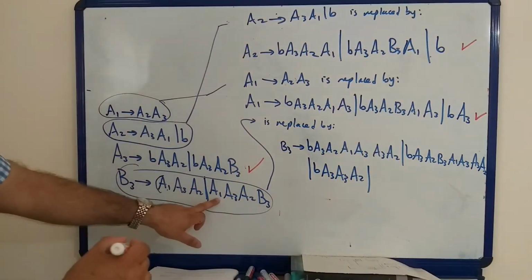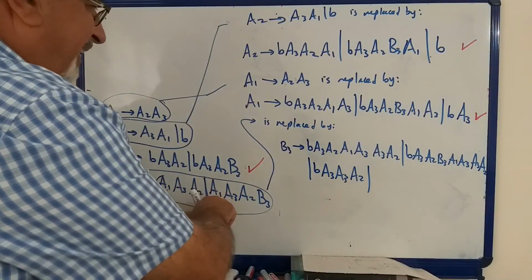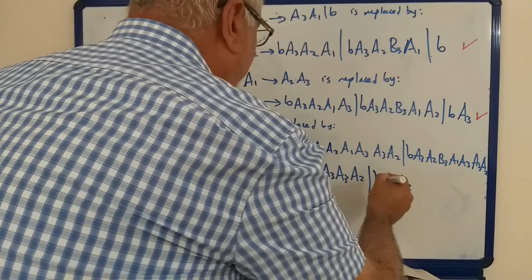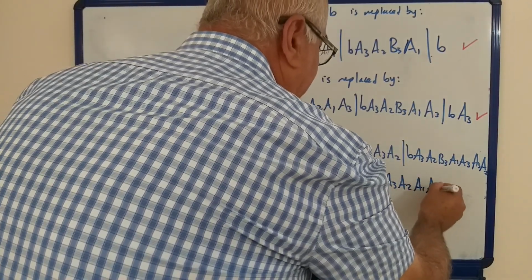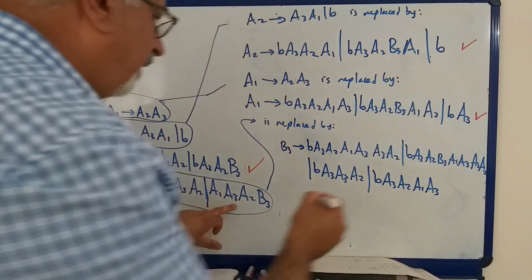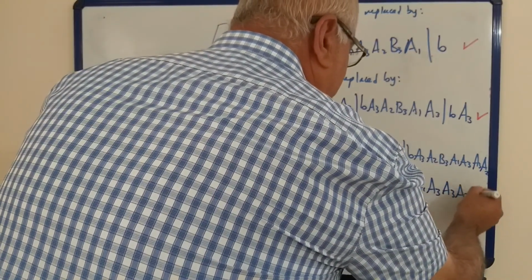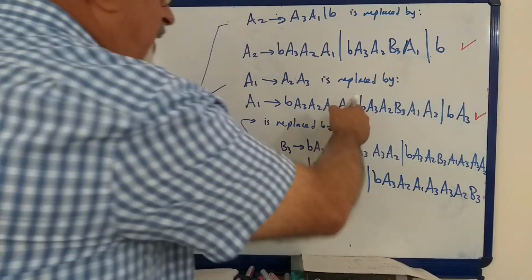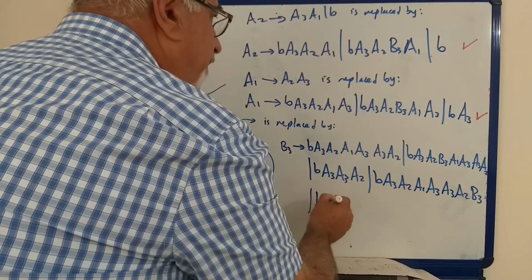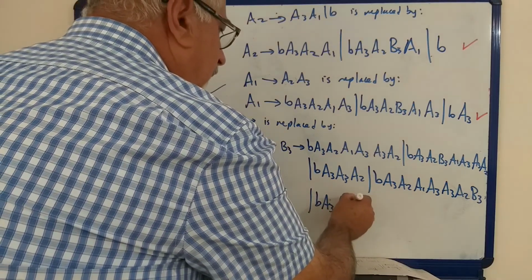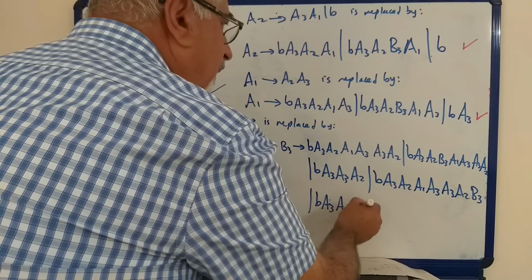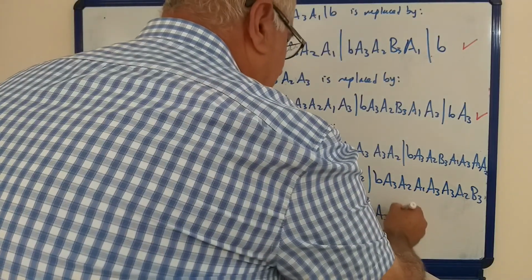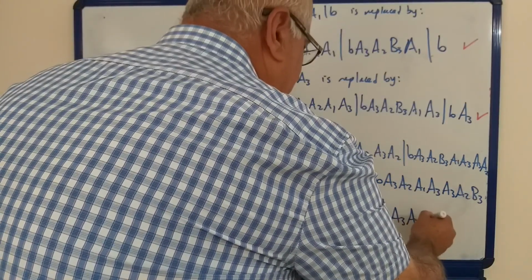Or, now for this A1, again, I have to repeat the same thing. Instead of this A1, I can have B A3 A2 A1 A3, then A3 A2 B3 A3 A2 B3. Or, instead of this A1, I can write B A3 A2 B3 A1 A3 A3 A2 B3 A3 A2 B3.